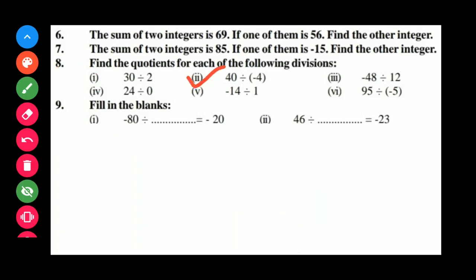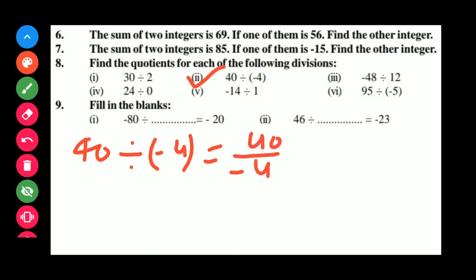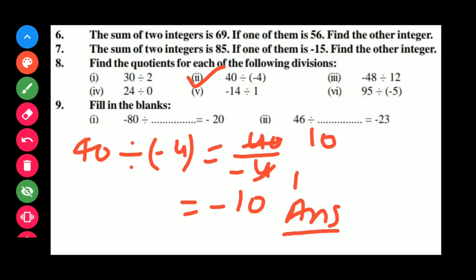Now come to the second part. 40 divided by minus 4. First of all 40 and here is minus 4. 4 ones are 4 and 4 tens are 40. So it becomes minus 10. So that is the quotient. You can see it is your answer.